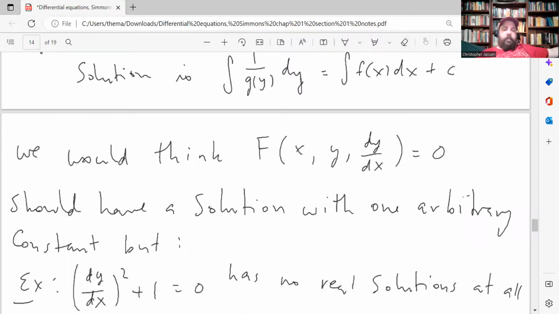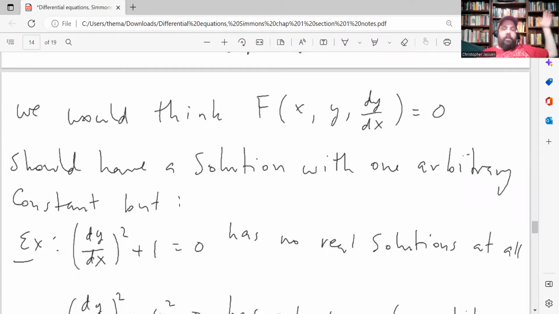Okay, so here's just another note about some of the difficulties inherent in the subject of differential equations. This is what the general first order equation looks like, right? It's some function of the independent variable, the dependent variable, and the derivative of the dependent variable with respect to the independent variable equals 0, right?